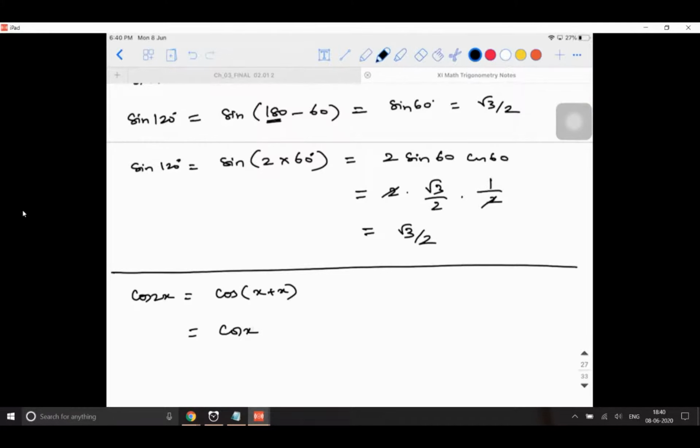So cos x cos x minus sin x sin x. So cos into cos is cos square x. Cos square x minus sin into sin is sin square. So cos square x minus sin square x is the answer.